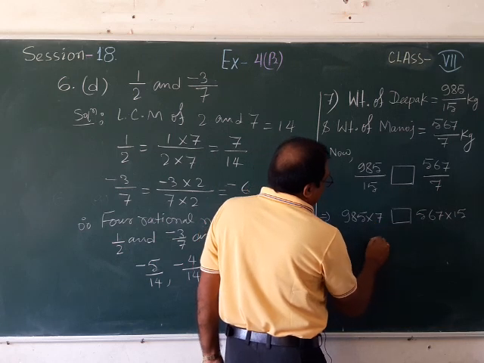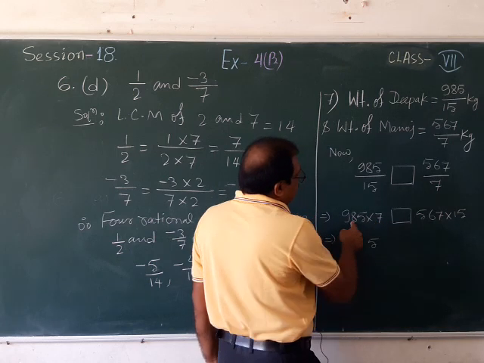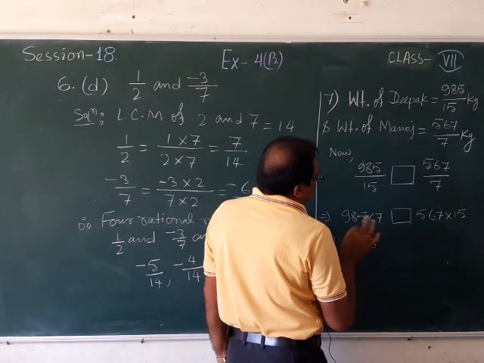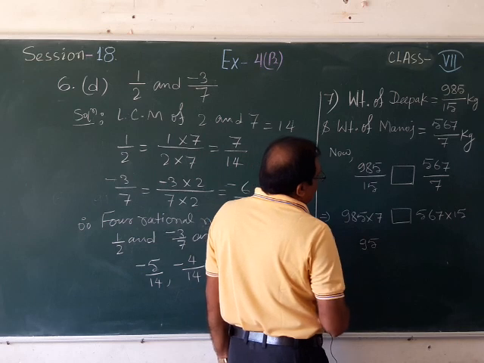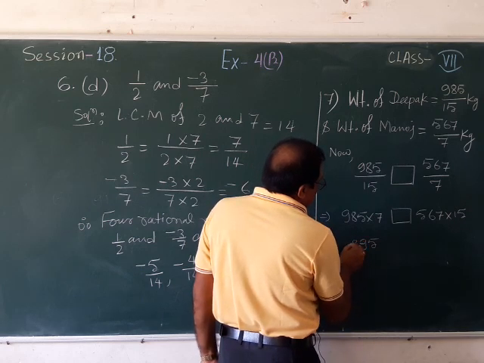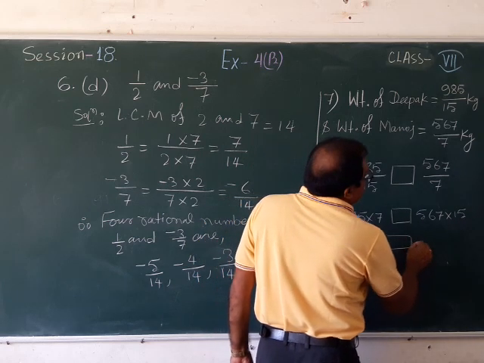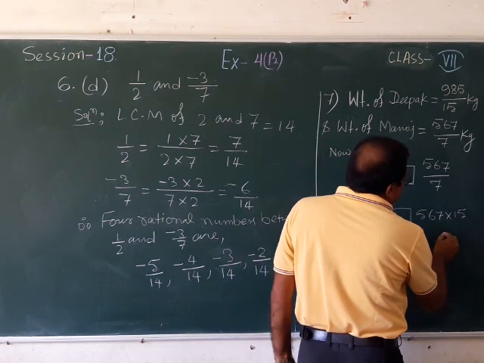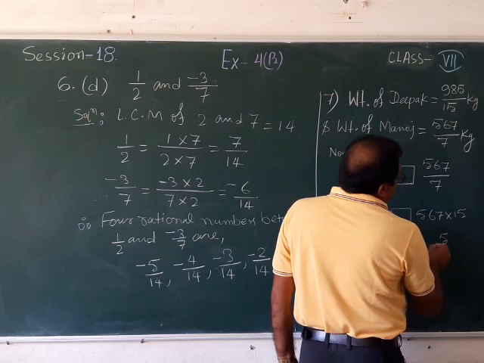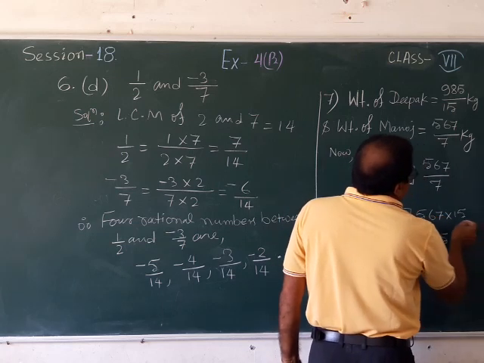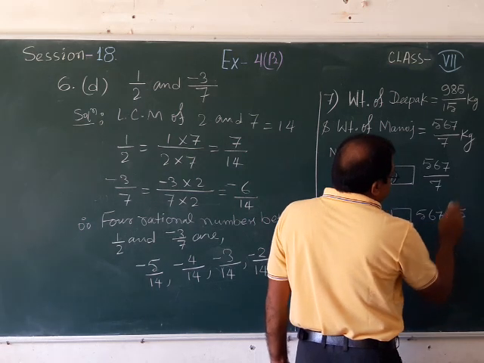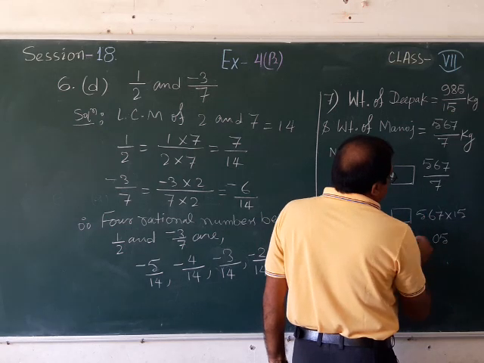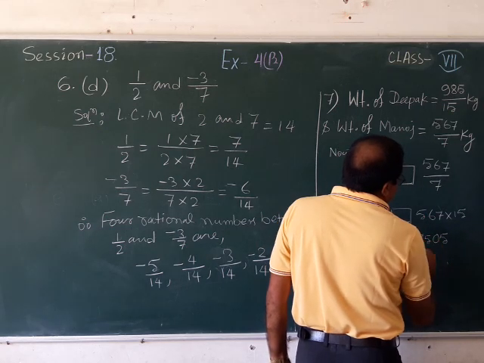7 fives are 35, 5 carry 3, 7 eights are 56 and 3 is 59, carry 5, 7 nines are 63 and 5 is 68. And here 15 into 7: 15 sevens are 105, that is 5 carry 10, 15 sixes are 90 and 10 is 100, 0 carry 10, and 15 fives are 75 and 10 is 85.